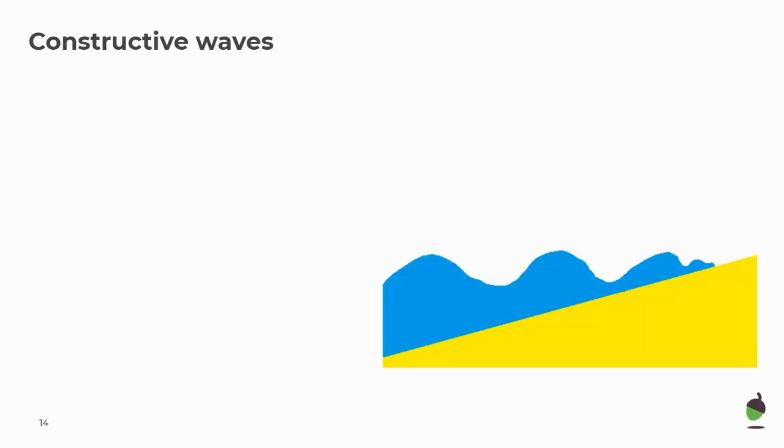So constructive waves. Constructive has got the start of that word construct in it. At a construction site, we would find people building. A construction site is a building site. If you construct something at home, you are building it. So these waves work the same way. They build the beach.